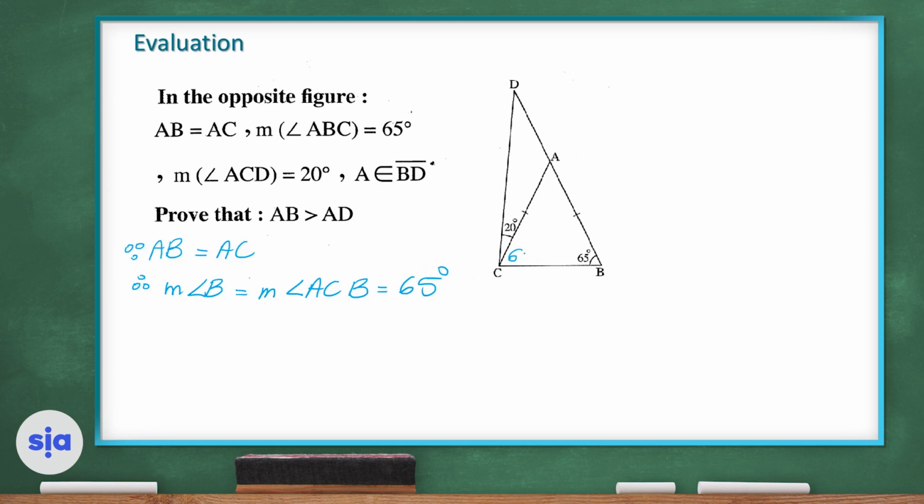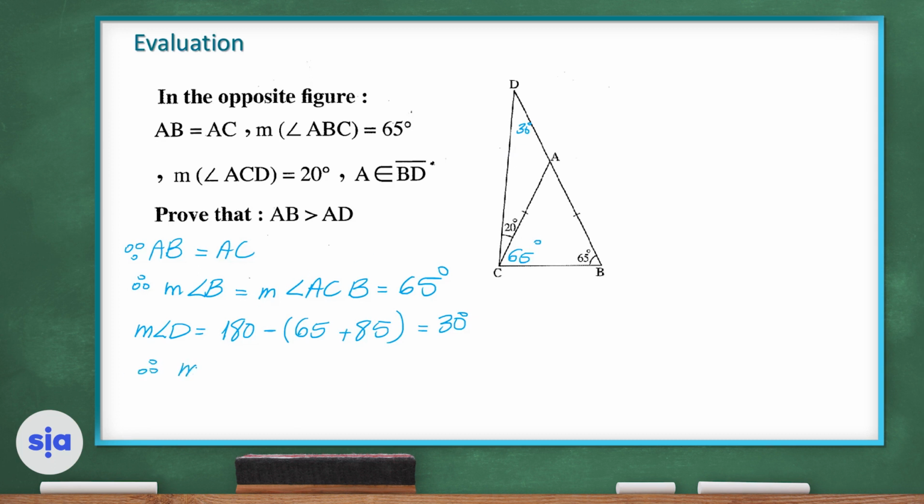So the measure of angle D equals 180 take away the 65 plus 20 (the 85). So the measure of angle D is equal to 30 degrees.